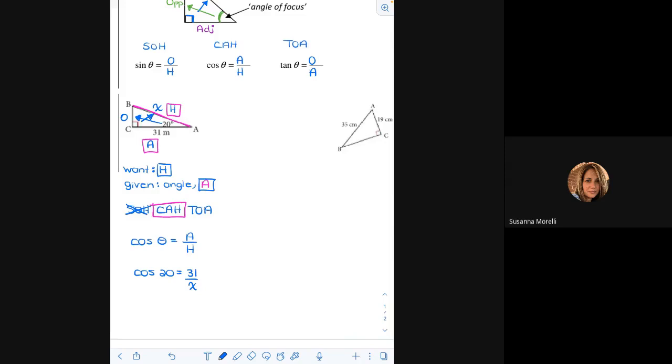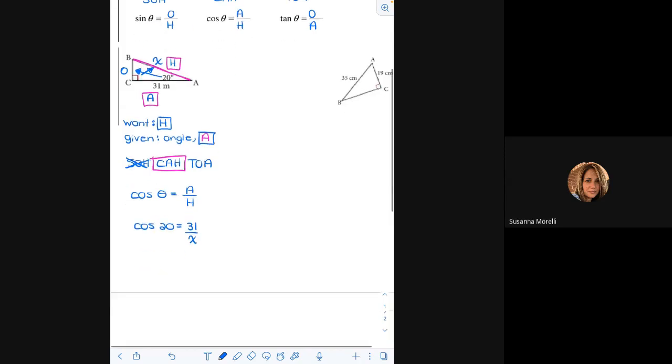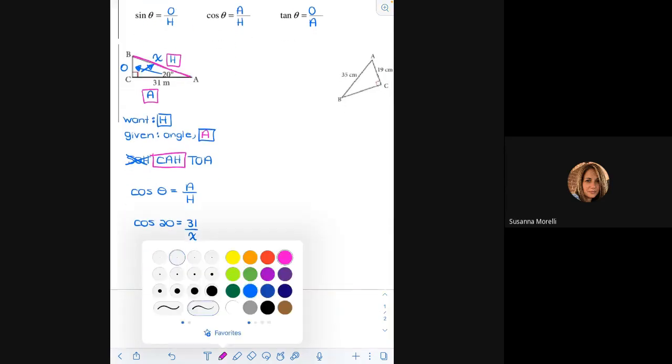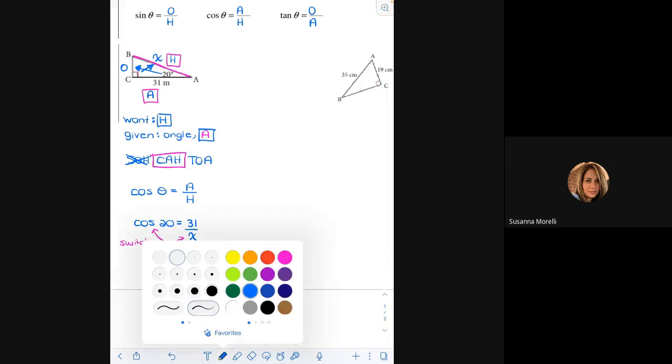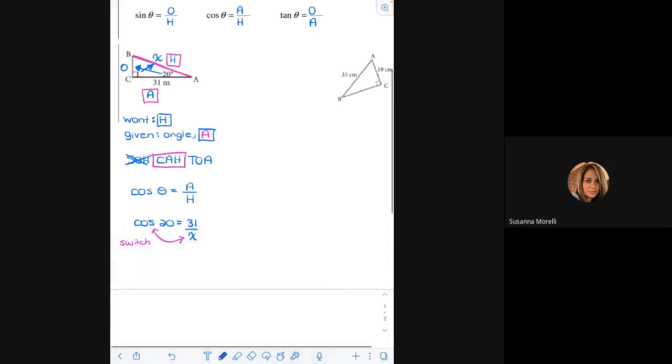Now we're going to solve for H. The unknown is at the bottom. When the unknown is at the bottom, an easy way to solve this is just switch these two. So X will come up here.